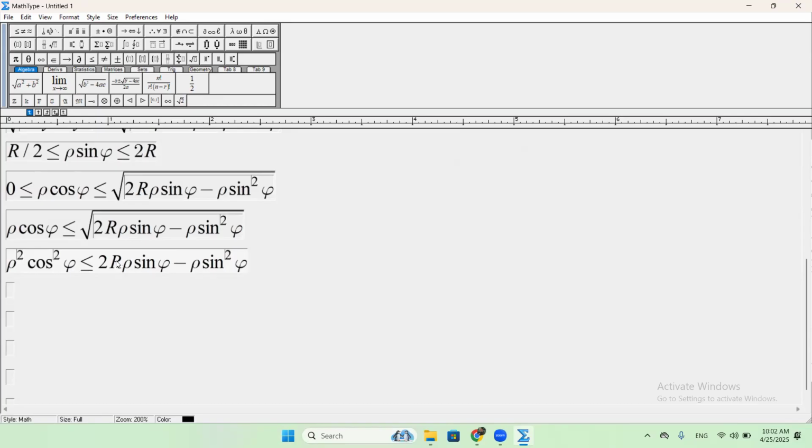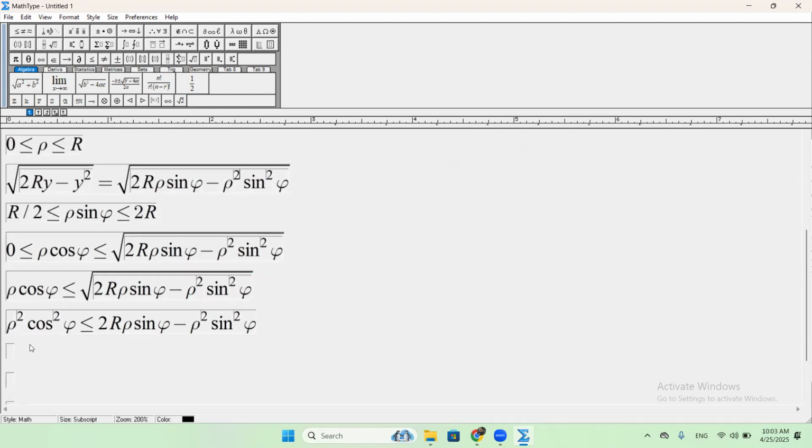Then we will receive, when we move rho square everywhere, sine square of phi.